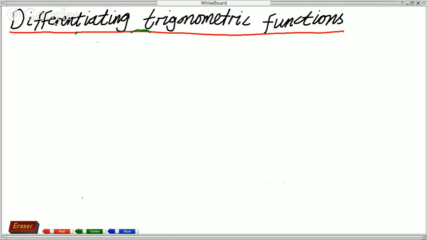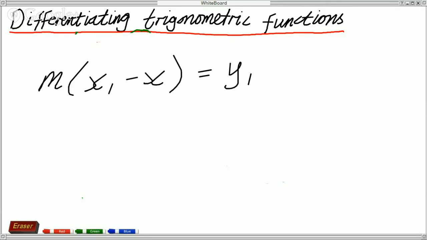So you can differentiate and find the gradient at some point by substituting in, and then go ahead and use this to find the equation of the tangent or the normal. And just remember that for the equation of the normal, you need the gradient to be the negative reciprocal.